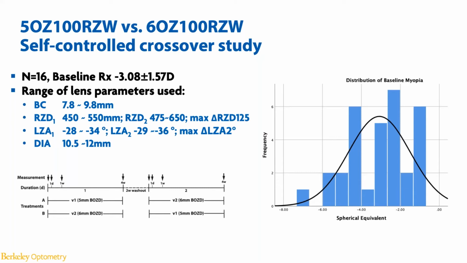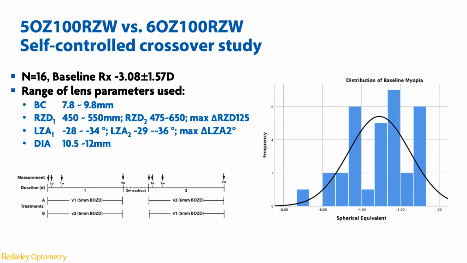You can see we have covered a pretty wide range of the base curve and a pretty wide range of the return zone depth in both meridians, and with a maximum delta return zone depth, so a dual axis amount, of 125 microns. And we've also utilized a dual axis landing zone design in most of the subjects. And the diameter of the lenses ranged from 10.5 all the way to 12 millimeters.